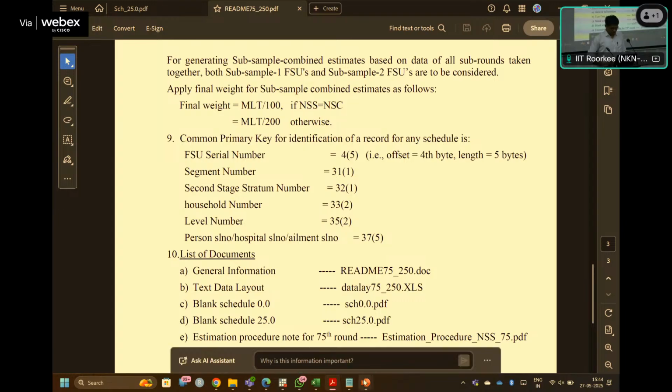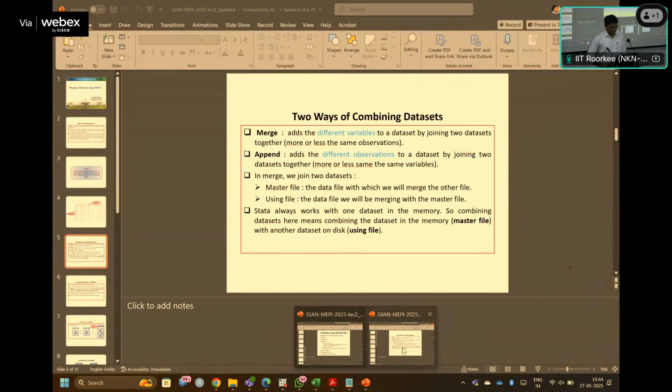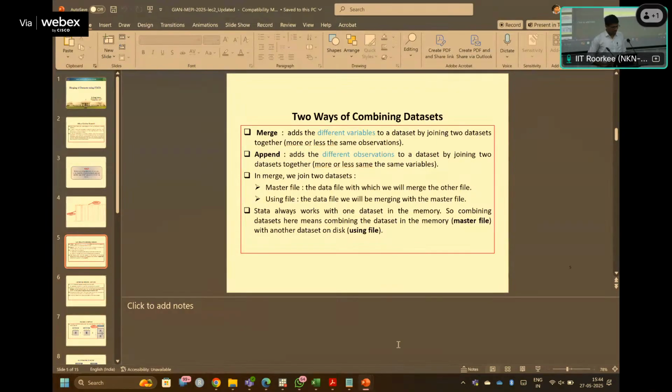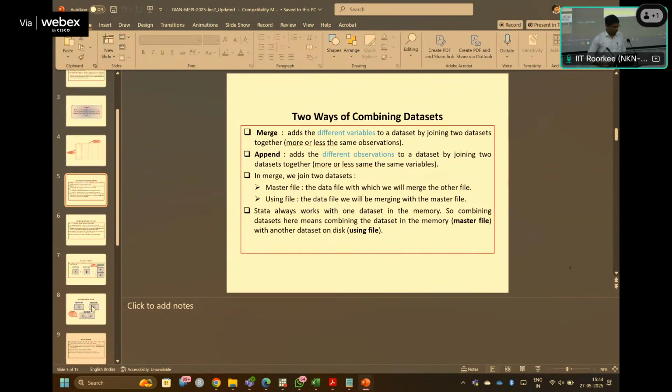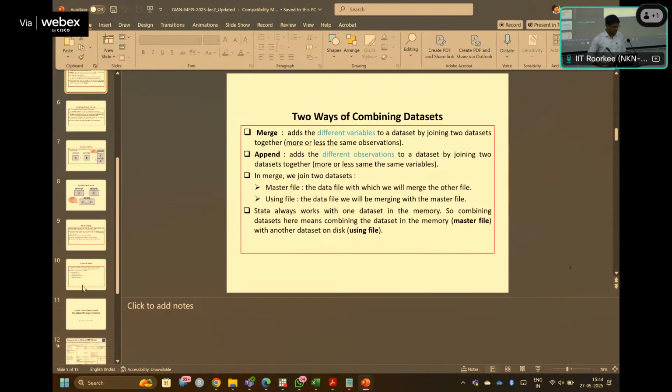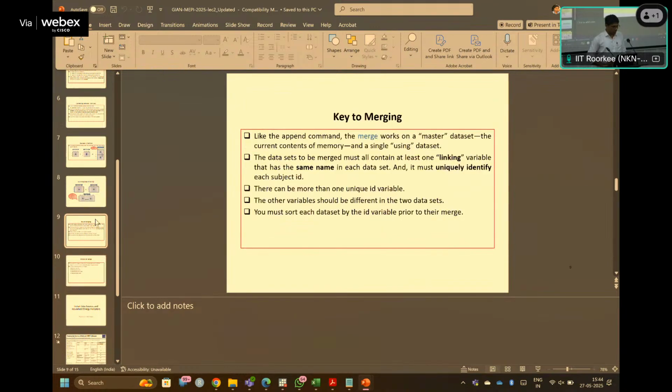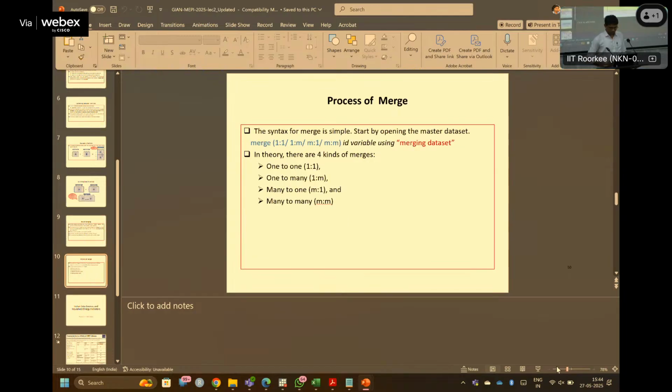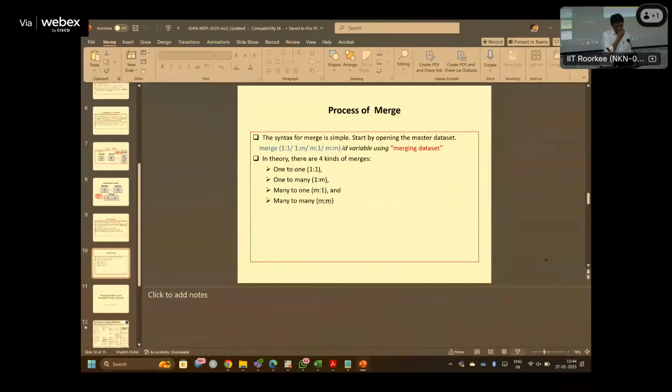So I have mentioned it here in a slide. This is in fact the last slide so far as merging is concerned. So this is the one. You can just have a look.